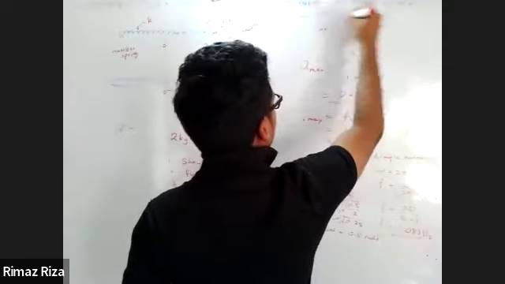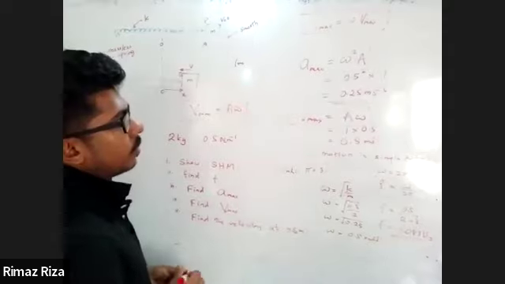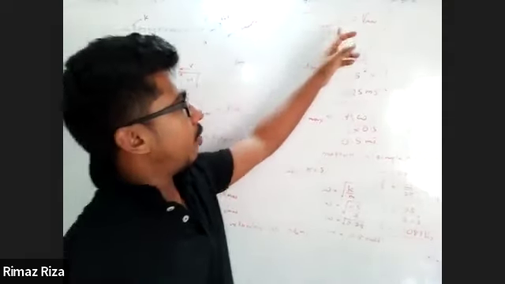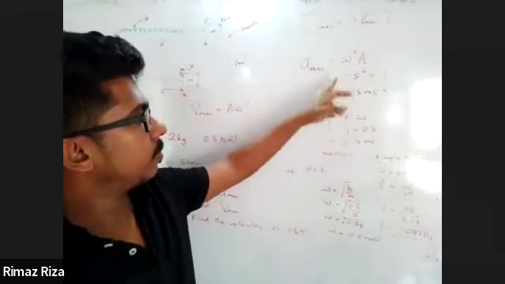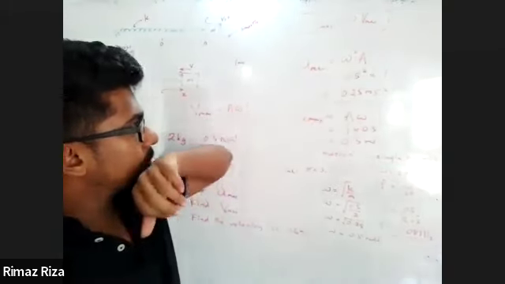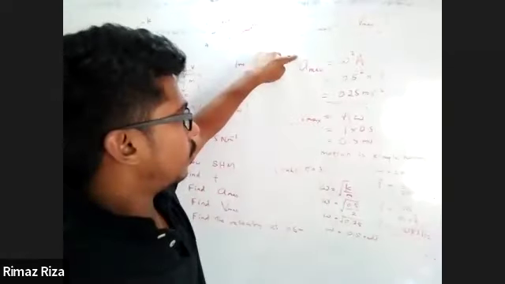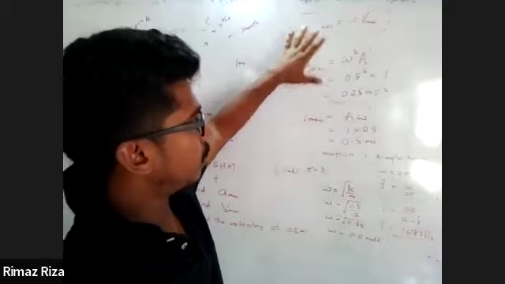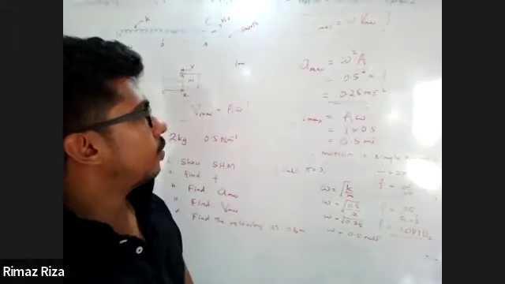This formula is not in the syllabus, but in MCQs you can use it. So A max equals omega times V max. This you can deduce from these two equations.